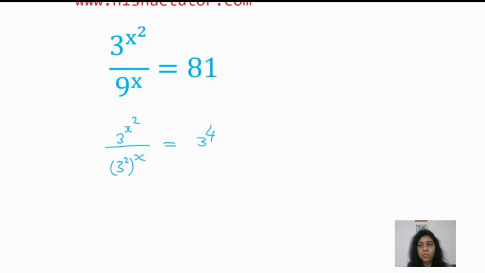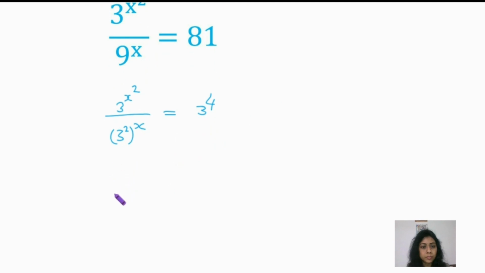Now, here 3^x squared, power to the power, so here we multiply m times n: 3 to the power 2 to the power x, so 2 multiplied by x, 2x, equals 3 to the power 4.